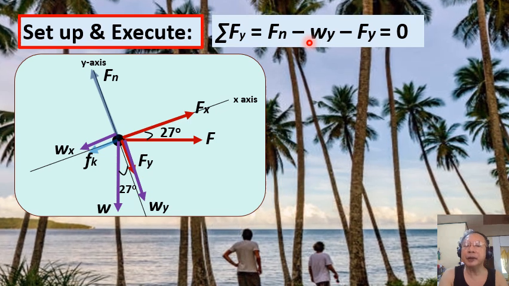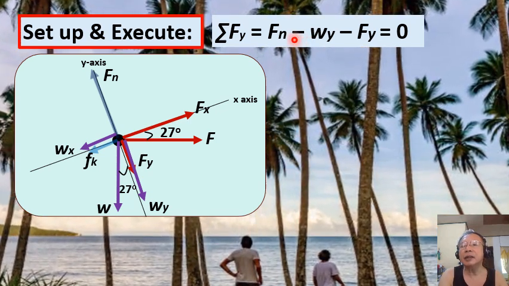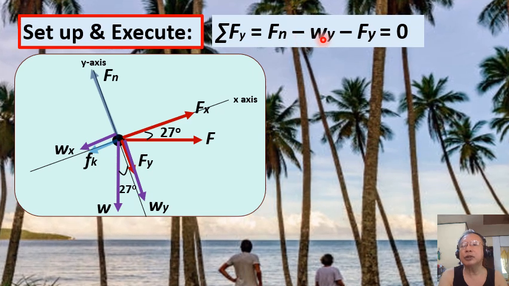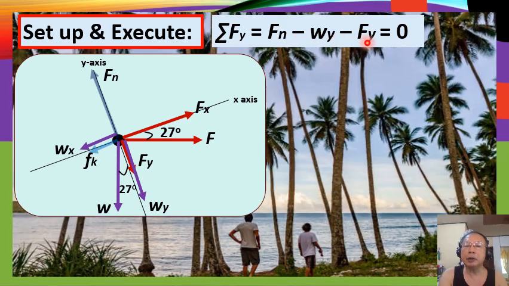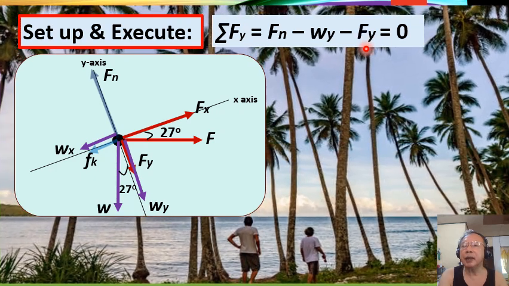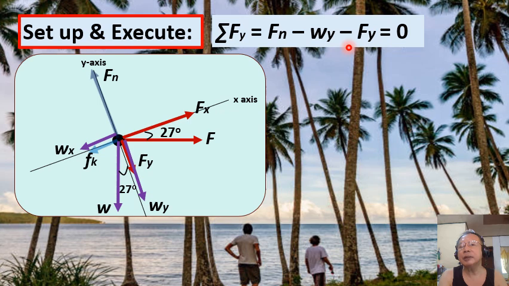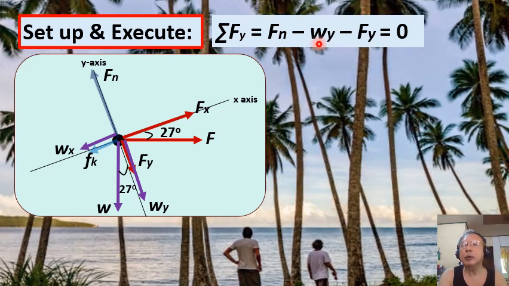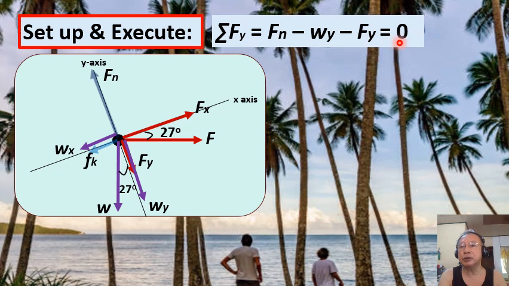W sub y is directed into the negative y-axis, that's why we use here the minus sign. Likewise, the y component of F, which is Fy, is also directed into the negative y-axis, hence the minus sign. When these three forces are added vectorially, their sum must be equal to 0.